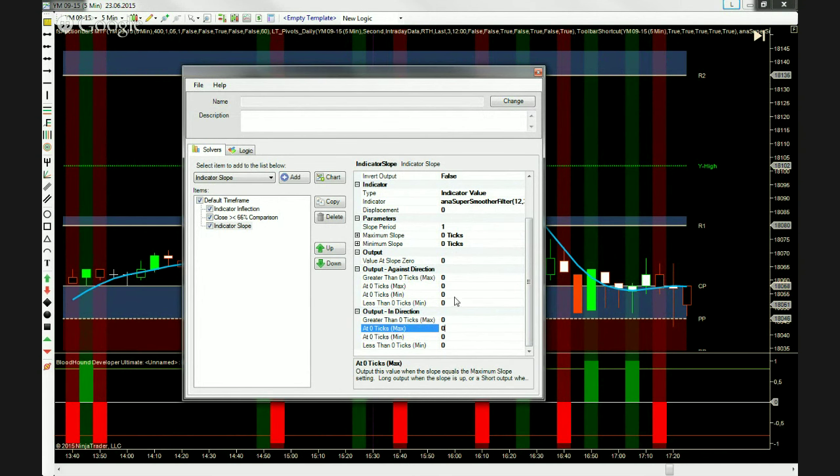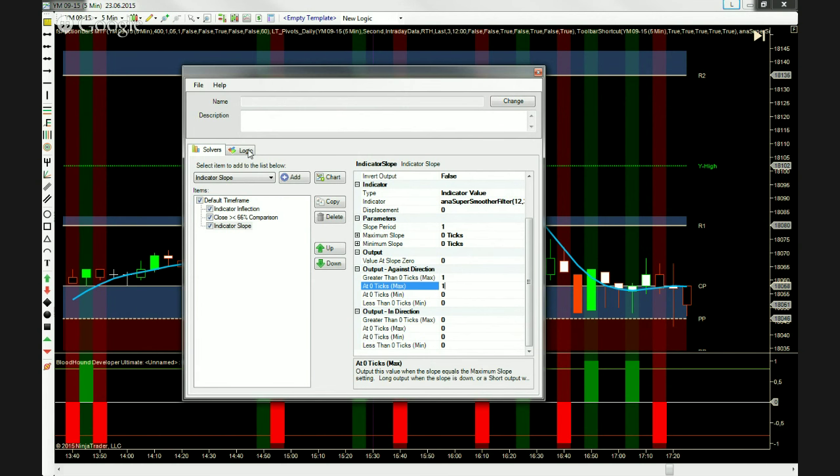But in this 5-minute chart, we want to do the opposite. We want to go against direction, because we want to sell the retracement or buy the retracement. So we want to sell when the slope has been moving up to resistance area, and we want to buy when it's been moving down into a support area. So we need to set this to 1 in the output against direction.